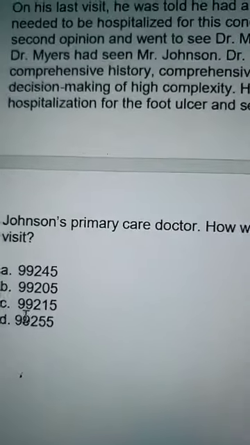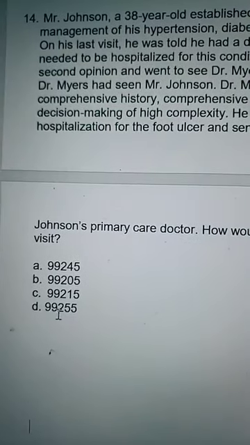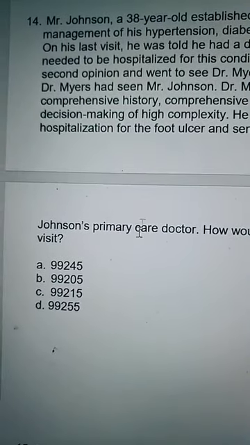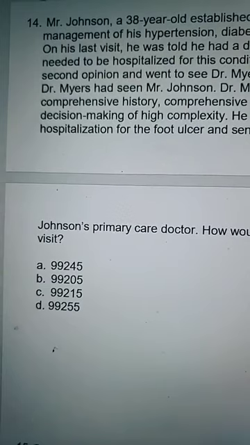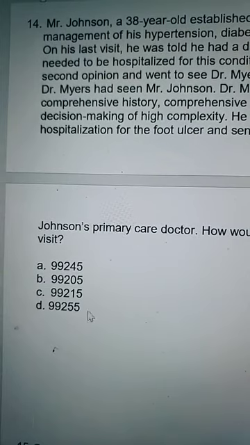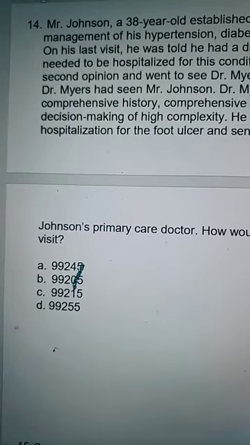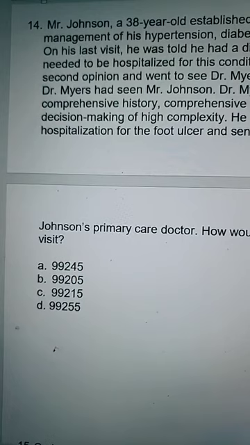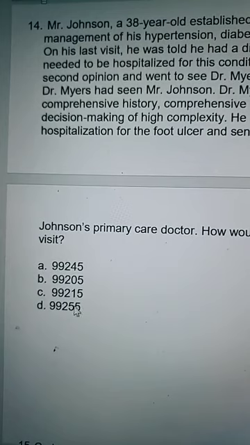If we're looking at this question, get my little drawer out. We got lots of things that end in 5, which I like a whole lot. Can't draw a straight line tonight. We've got a lot of 992s too, so the only difference is the 0, 1, 4, and 5.